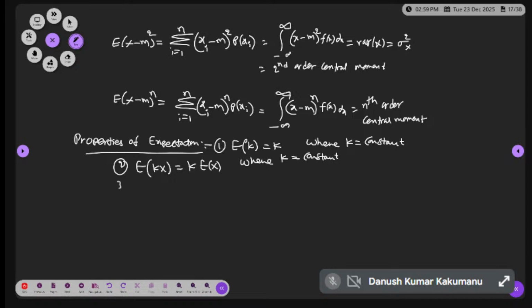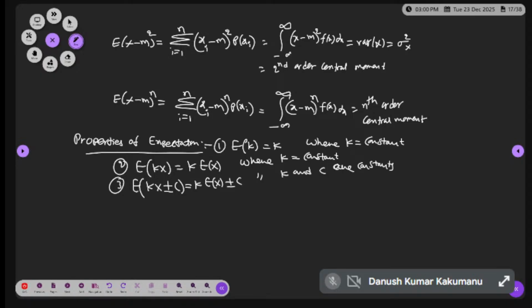Third, expectation of kx plus or minus c is k into expectation of x plus or minus c, where k and c are constants.